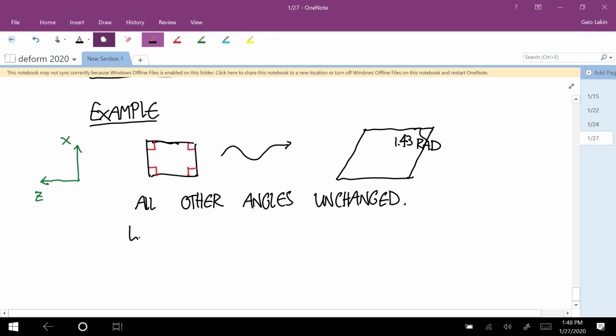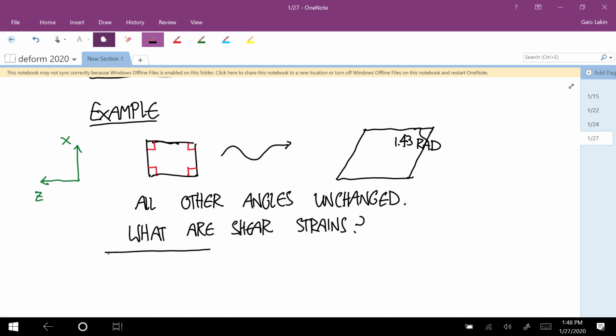What are the shear strains? Well, the only plane where there are changes in angle is the xz plane. So the only non-zero strain is going to be gamma xz.